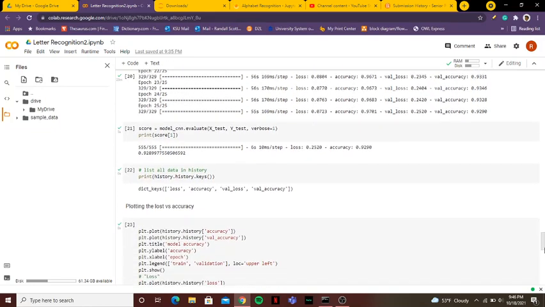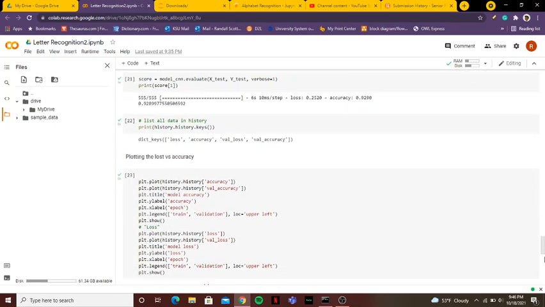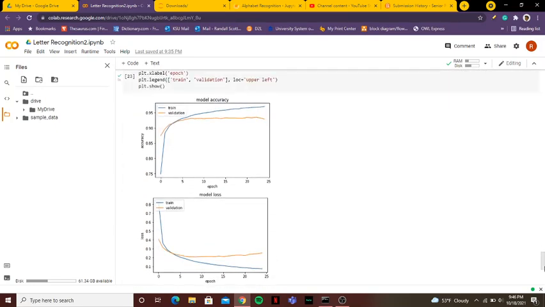Then I plotted the data again to see what the test data and the training data did. As you can see with the accuracy, the training data went up to about 97%, like it said.